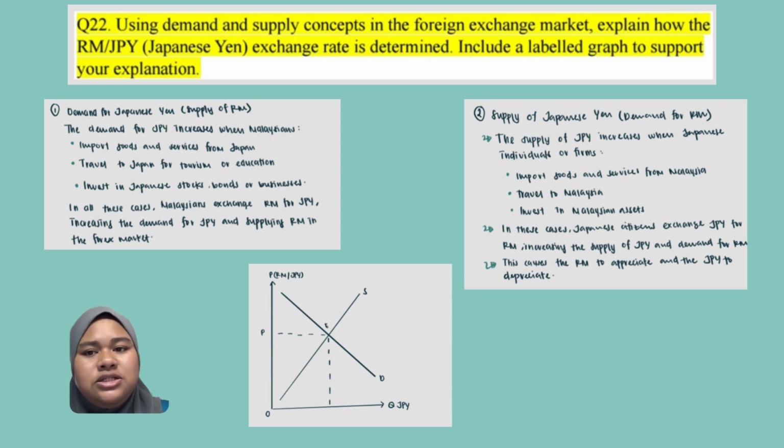In these cases, Japanese citizens exchange Japanese yen for RM, increasing the supply of Japanese yen and the demand for RM. This causes the RM to appreciate and the Japanese yen to depreciate.